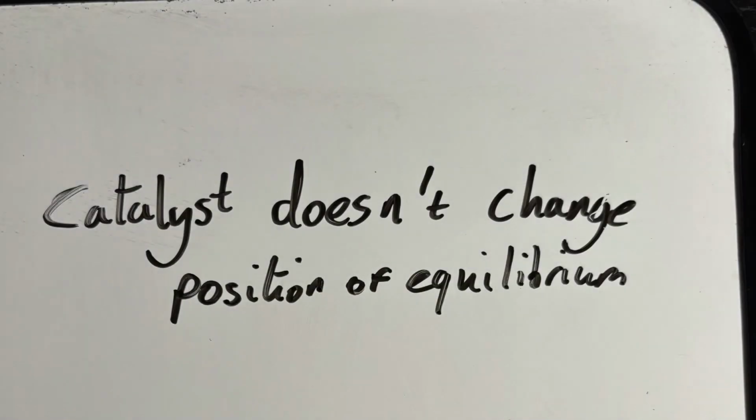Now it's important to note that catalysts don't change the position of equilibrium. Instead, it's things like temperature, concentration, and pressure that do. Increasing concentration favours the side with the most moles of reactant or product. Increasing temperature favours the endothermic reaction, but catalysts don't change equilibrium at all.